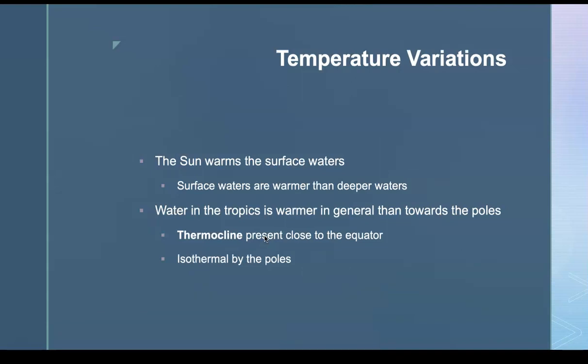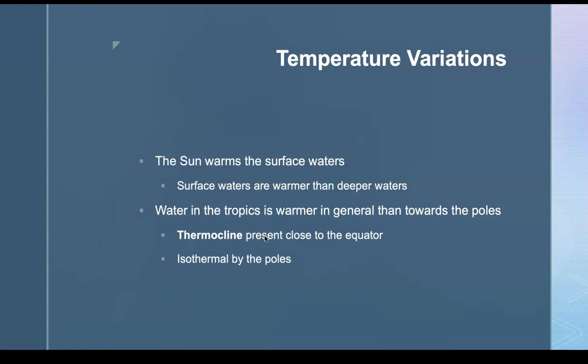Also, we've got something called a thermocline. And don't worry too much about this, but it talks about the therm, heat, right? It talks about how the temperature decreases, or in some cases, depending which way you're going, increases, the change in temperature, I guess would be the easiest way to say it, as you go through the water.